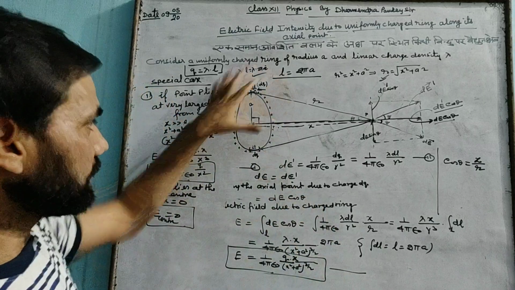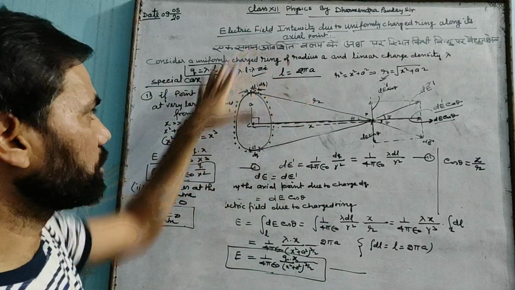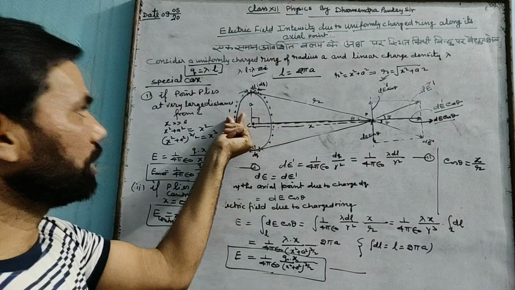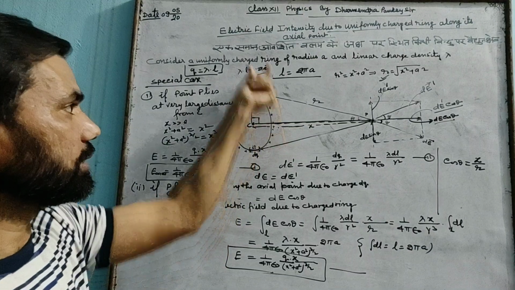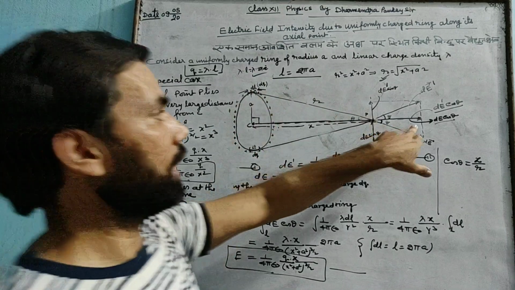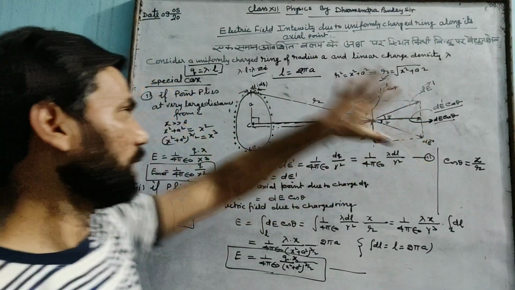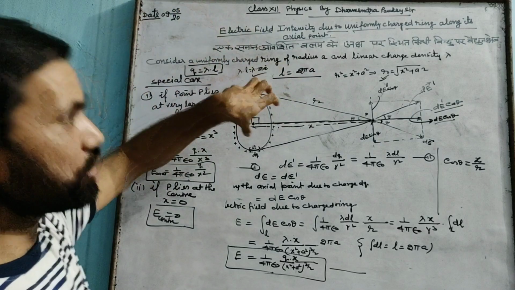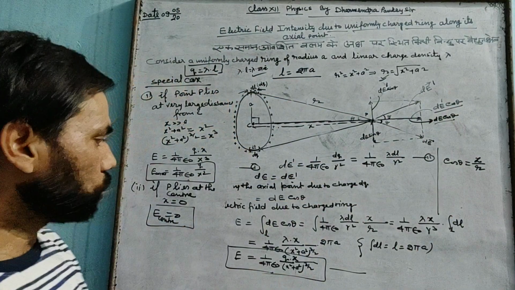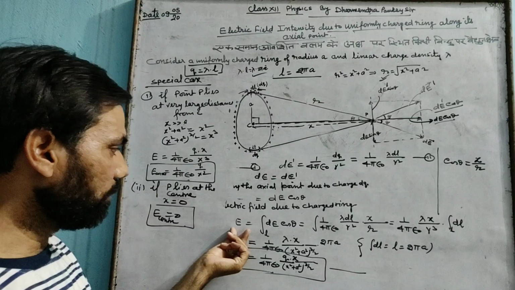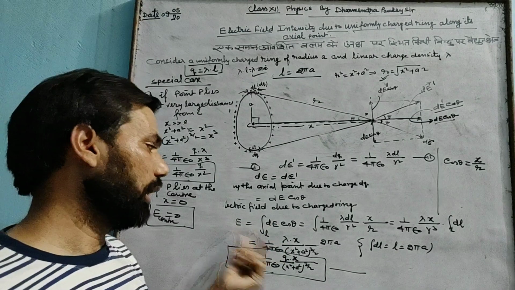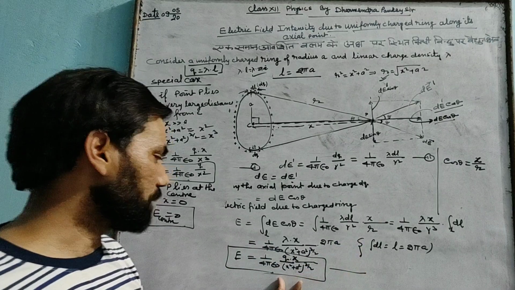Because if we divide the ring into different parts, every element has a diametrically opposite element, that cancels the normal component of each other and only the axial component survives. So the net electric field must be along the axial point and not in any other direction. So we integrate dE cos theta to calculate the total electric field, and we obtain this expression.